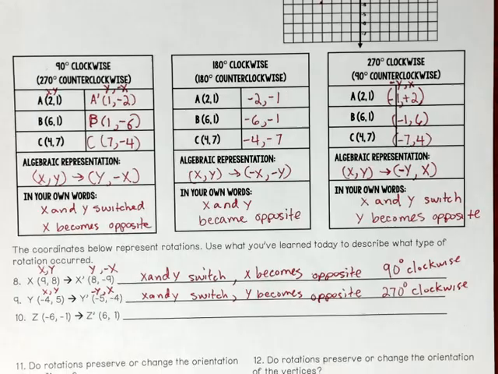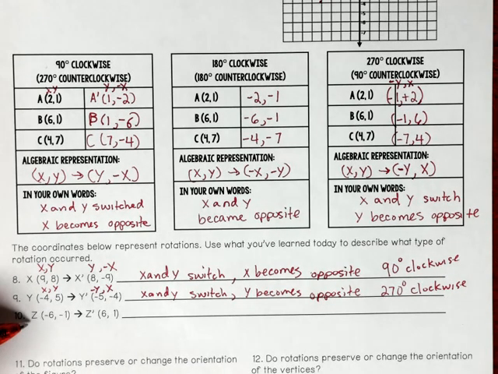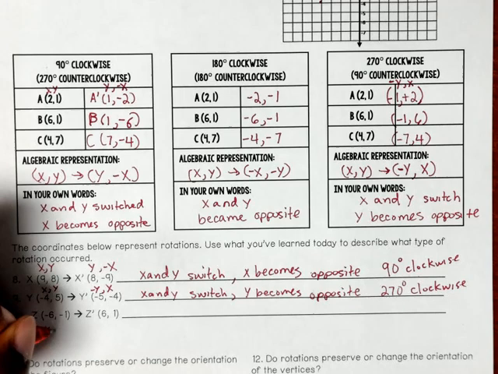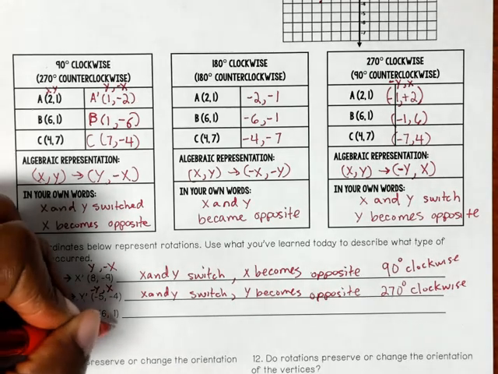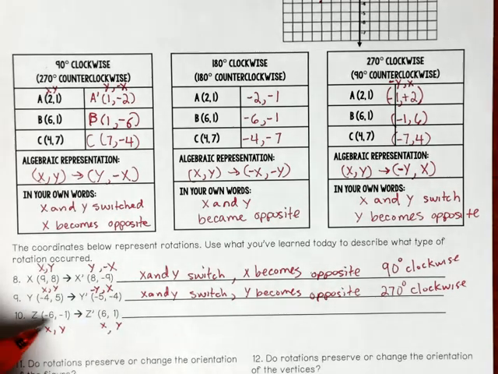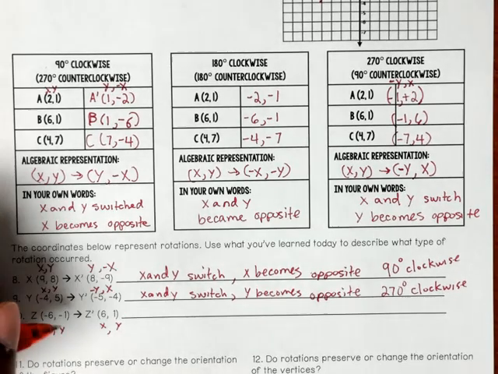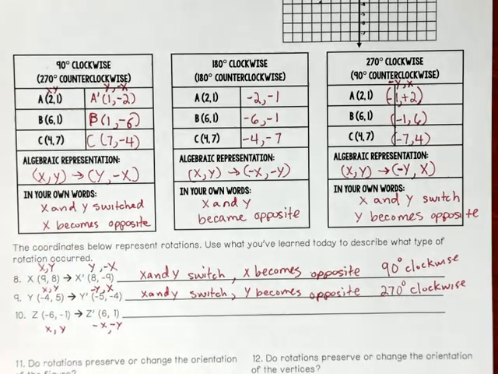Okay? From there, we'll do the last one, and it says Z is -6, comma -1, and that becomes Z prime, which is 6, comma 1. The 6 and 1 are in the same spot, so XY, XY, but there is a difference. These went from negative to both positive, so they became opposite versions of themselves.